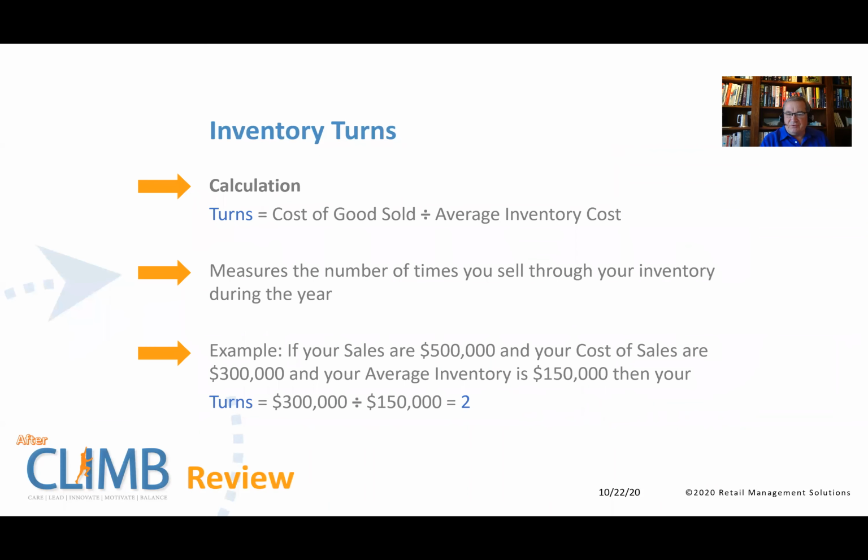For example, if your sales are $500,000 in your front-end merchandise, your cost of sales are $300,000, and your average inventory is $150,000, then your turns are the $300,000 cost of your inventory divided by the average inventory value, which means you have 2 turns in this example. So it's important to understand that.